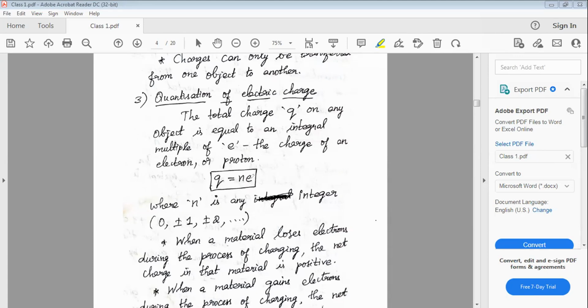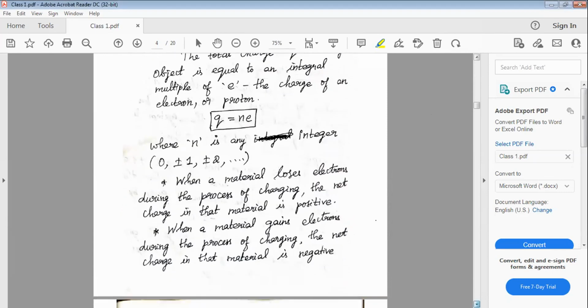Whenever you say this body is a charged body and you want to find the total charge on the body, you have to see how many electrons are in deficit or how many electrons are in excess in that body. You just consider the number of electrons in excess or in deficit, and multiply that with the basic unit e, so that you get the total charge value.